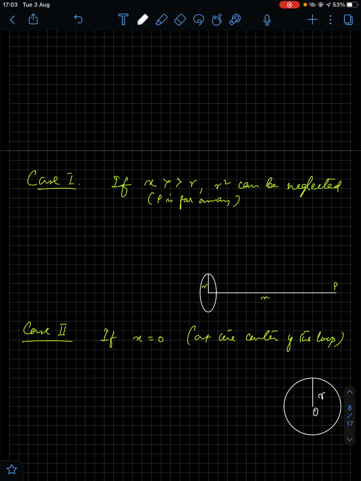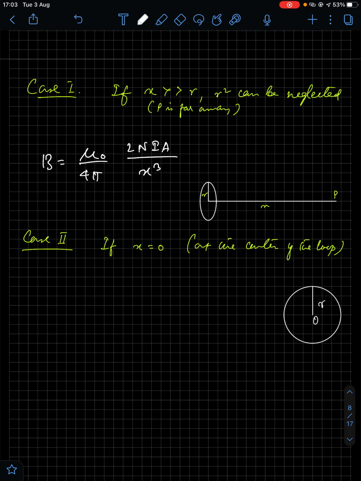So situation number 1, if X is much greater than R, then after derivation you will get B equal to mu naught by 4 pi into 2 NIA divided by X cube.